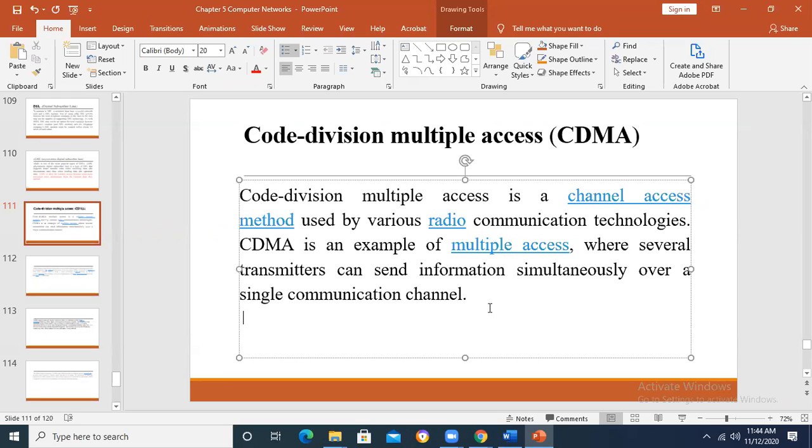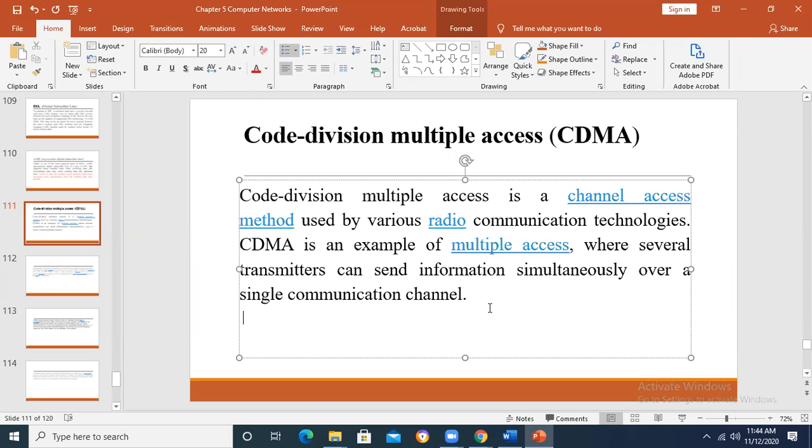So in code division multiple access, there is a channel access method used by various radio communication technologies. Number one thing is that the data transmission will be basically wireless. Number two thing is that one channel will be used for multiple transmitters to send and receive data simultaneously. This is very important.